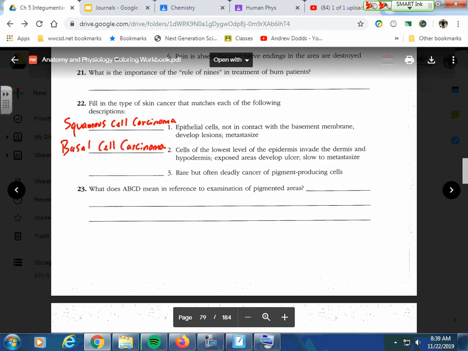And the third one we did, the pigment producing cells would be melanocytes. This is going to be the malignant melanoma. What does ABCD mean in reference to examination of pigmented areas? So you get a spot on your skin. It's just an acronym to remember the different things. So is it asymmetric?